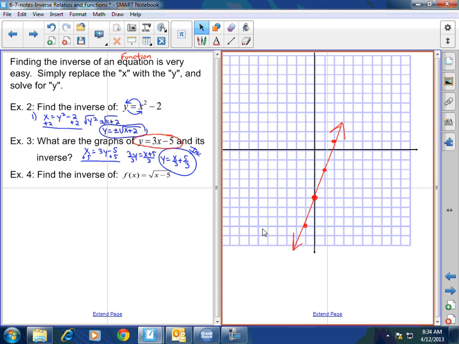Is everyone with me? Okay, now, didn't I say, guys, that for the inverse, you're literally just switching the x's and the y's? Right? So, what is this point right here? 2, 1, right? So what's the inverse of that? 1, 2. What's the next point? 1, -2.